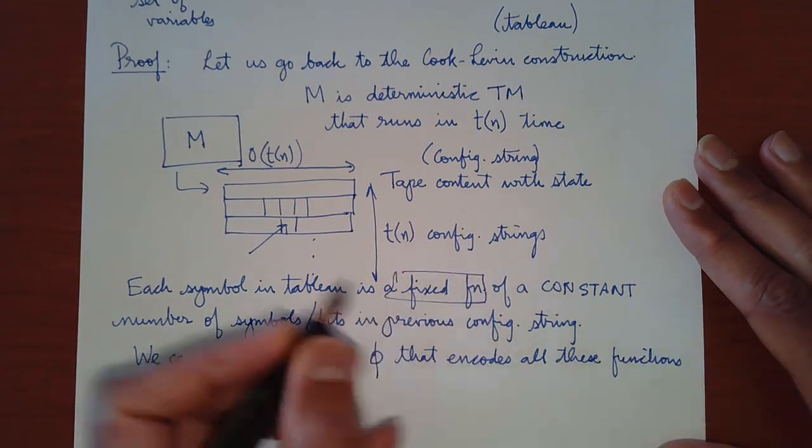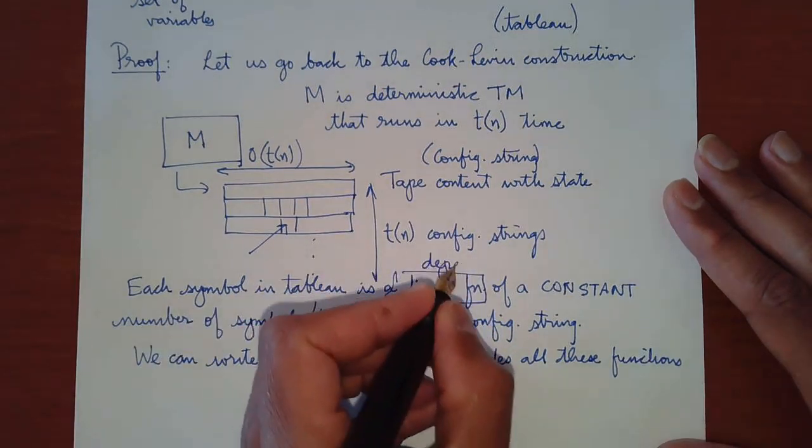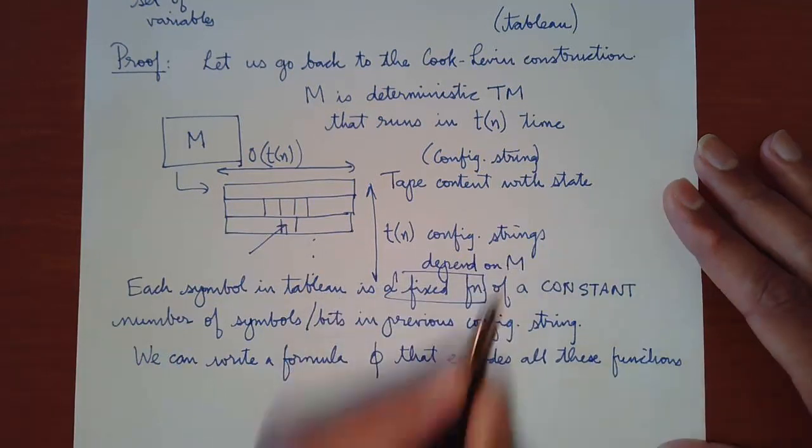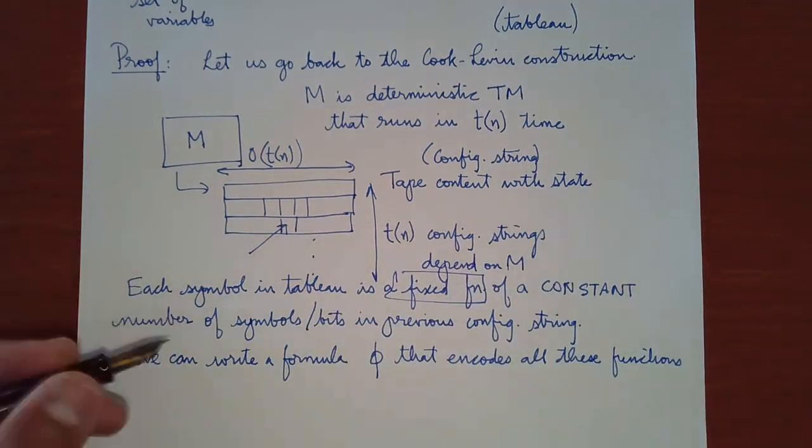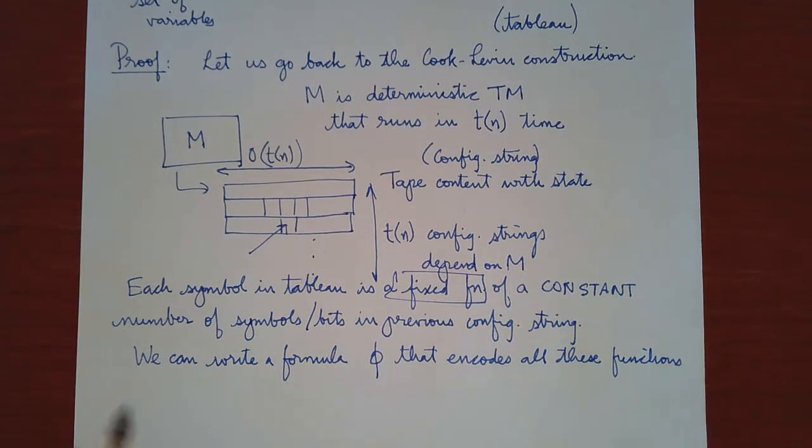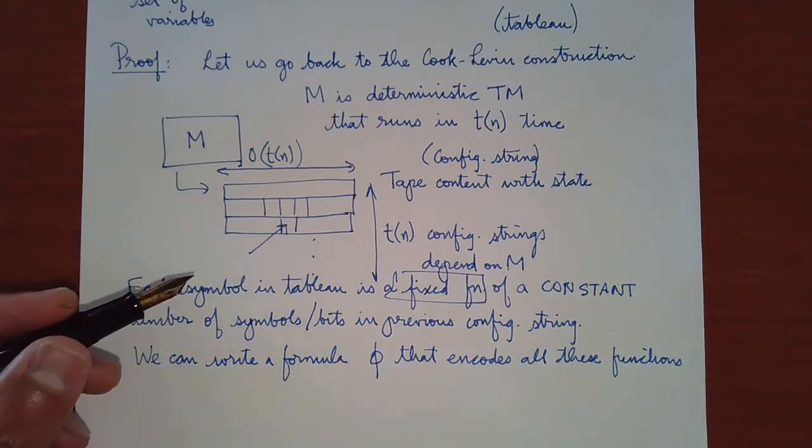And these functions depend on M, depend on the Turing machine. So I'm sort of just reminding you of what the Cook-Levin construction was. So we can write a formula that encodes all these functions.